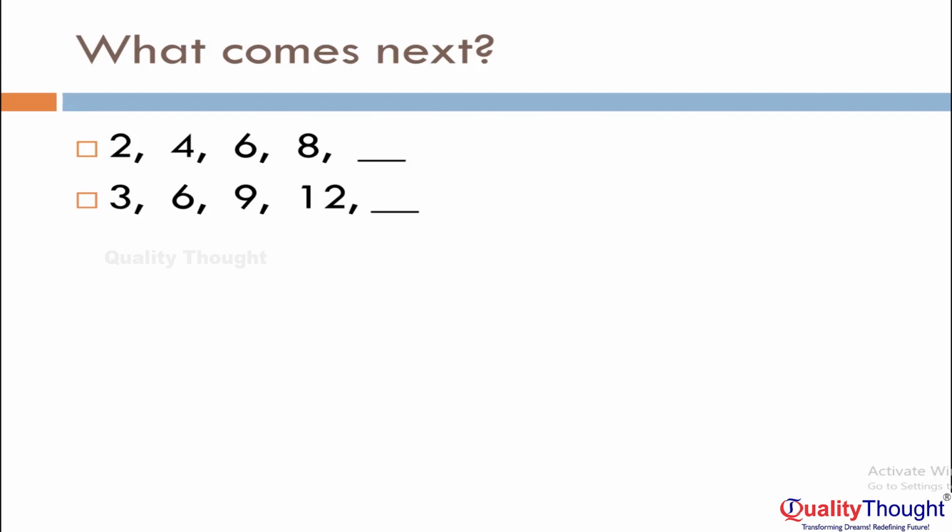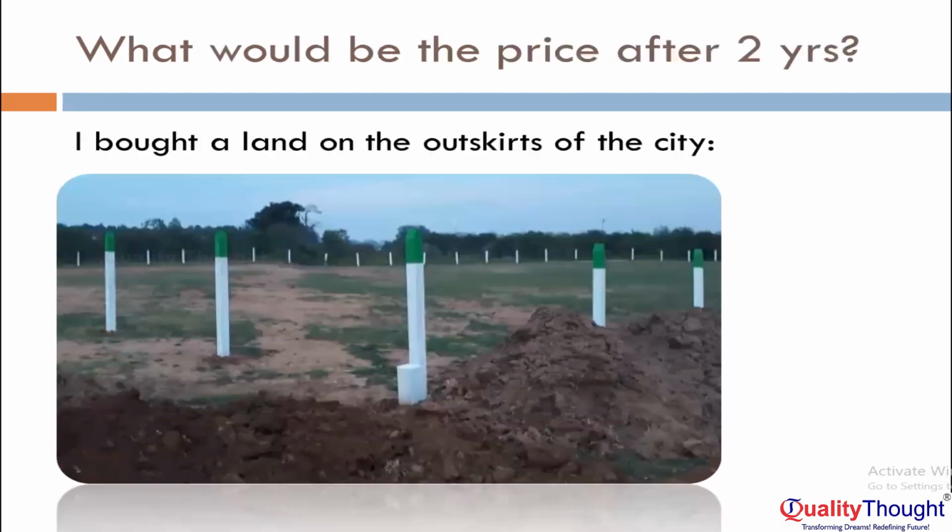Now if input is 8, then what is output? You say 10, because you're adding 2 to it. 2 plus 2 is 4, 4 plus 2 is 6, 6 plus 2 is 8, 8 plus 2. So this is where we are asking the user to find the relationship. Now this is the easiest problem. Probably the answer will not change, but let's increase our complexity.